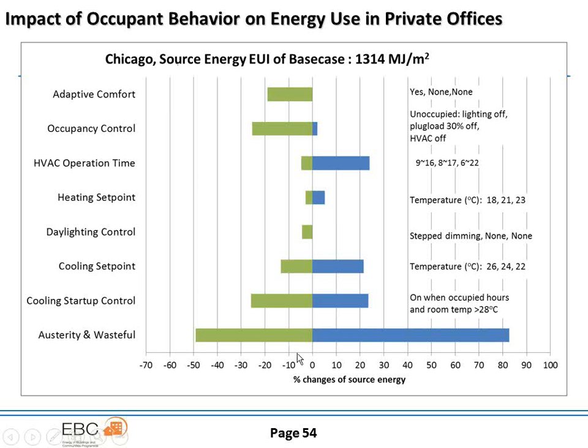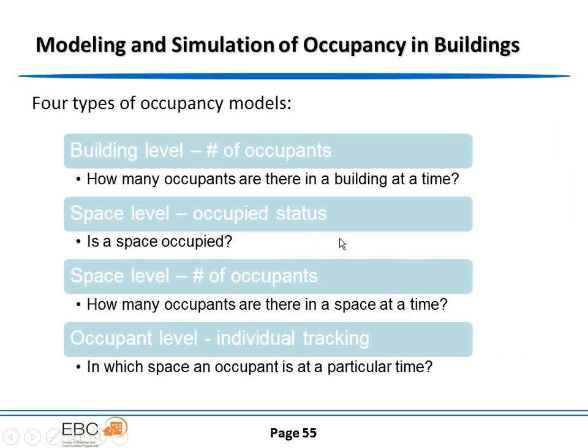Occupancy, of course, has significant impact, and the comfort standard too, because you raise your comfort set point, so for your cooling, we're talking about many hours where you don't really have to start the system. So you take all these together, and this can cut energy use by 50%, this by more than 80%, because of the energy waste from lifestyle. So its impact is significant.